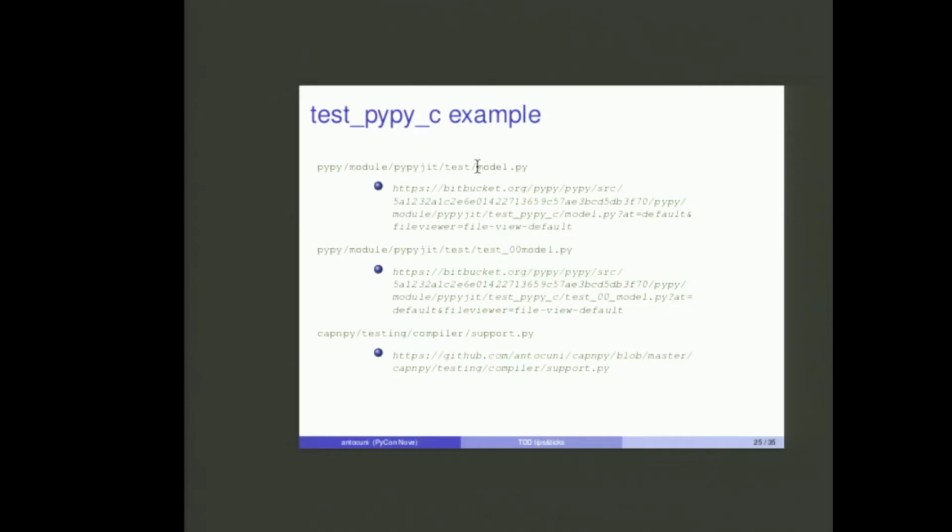You see that we have this model.py, which contains all the infrastructure, and we also have a test for the infrastructure, as I said. Or CapnPy is a library for reading and writing Cap'n Proto streams, which I wrote, something completely unrelated. But I also use this kind of pattern, and by clicking on this link, you can see how it works.